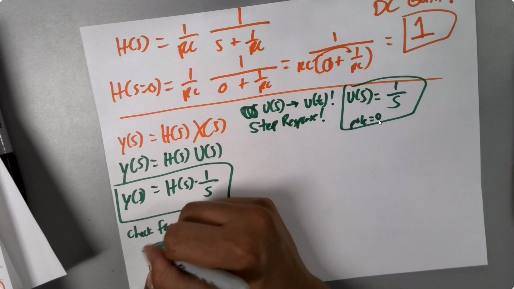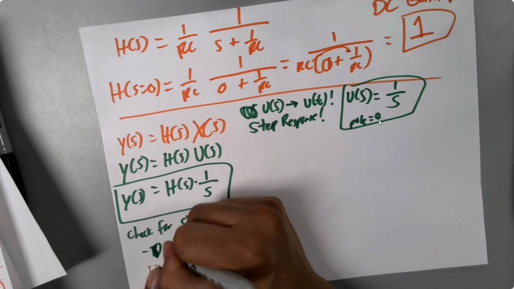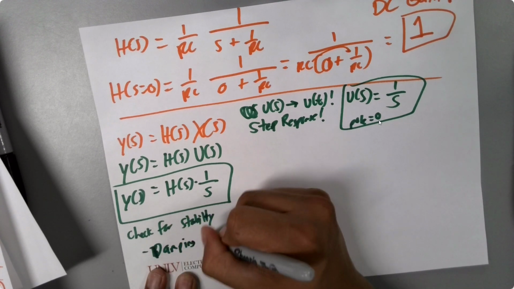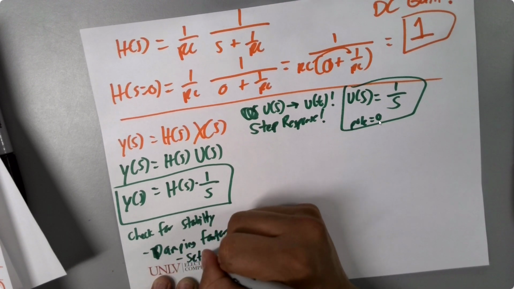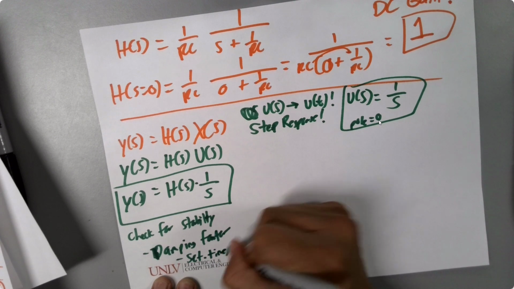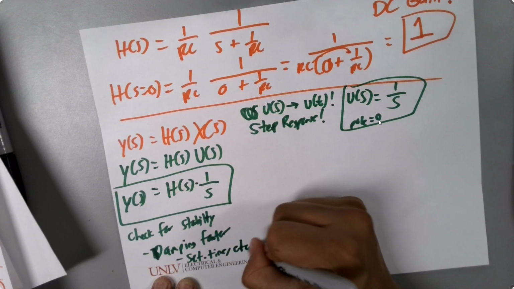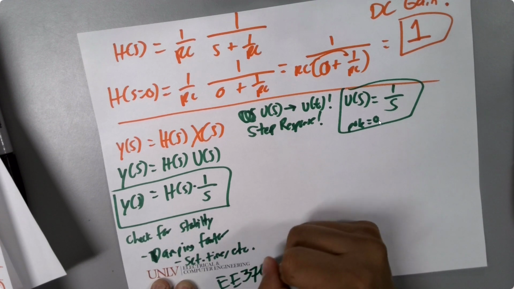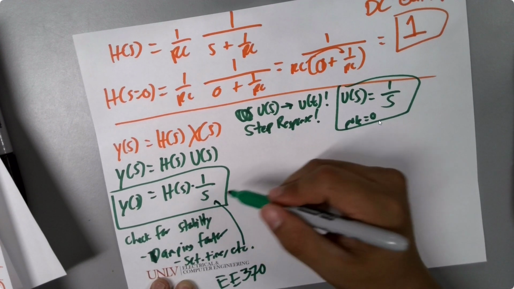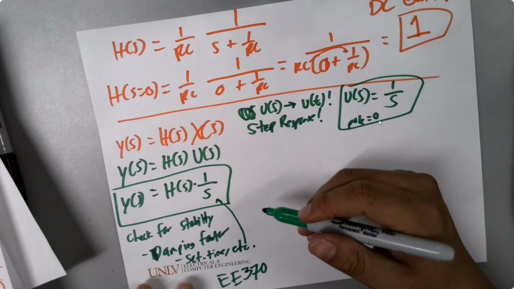Also damping factor, and settling time, etc. So like EE360 stuff, okay? This right here is probably one of the most powerful things.